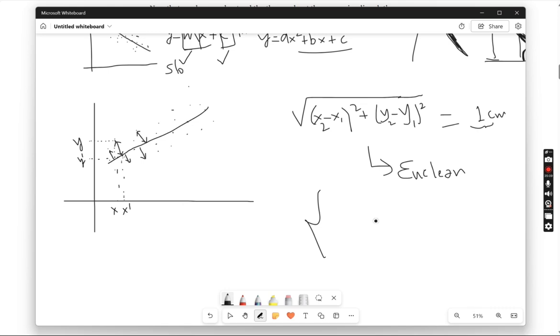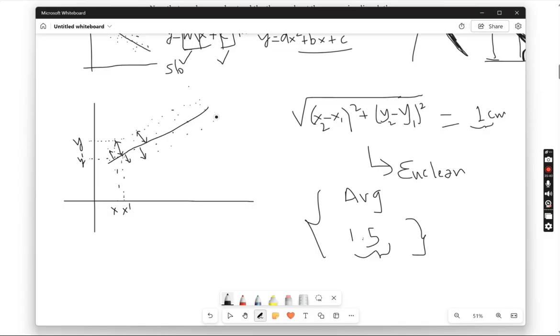On average, let's just say all these points are 1.5 centimeters away. Then it will draw the best fit line.